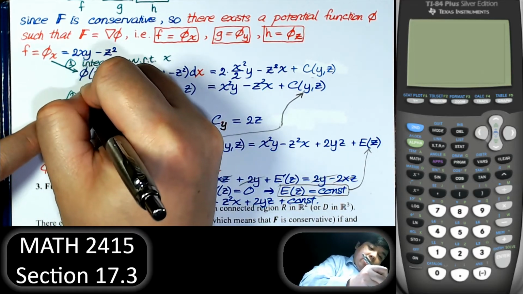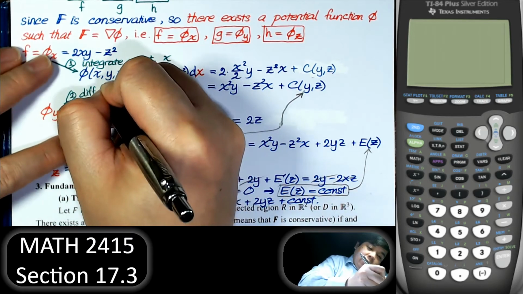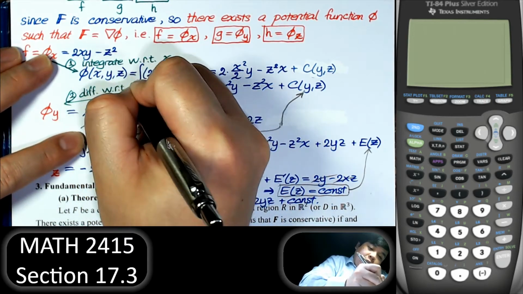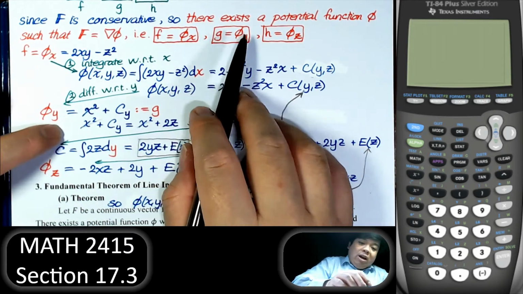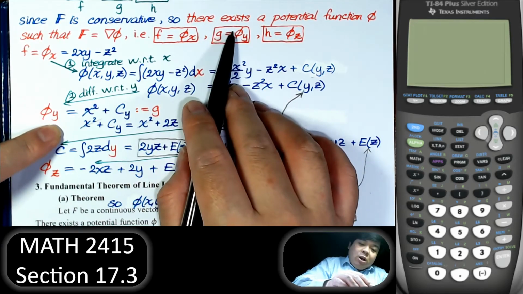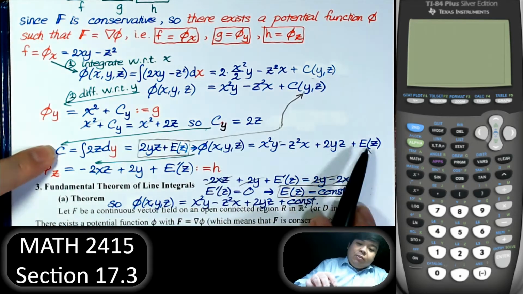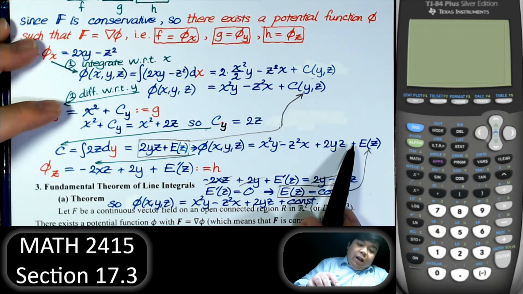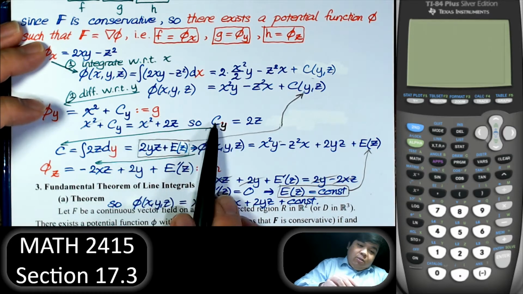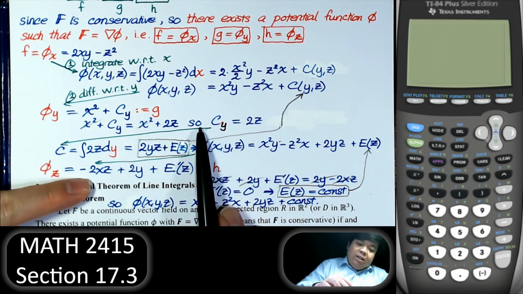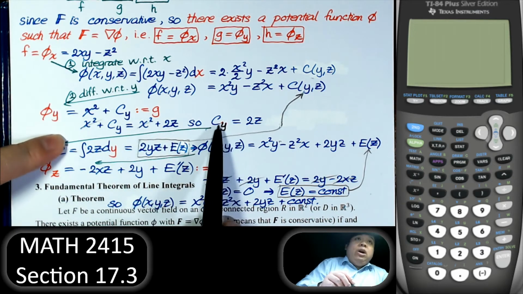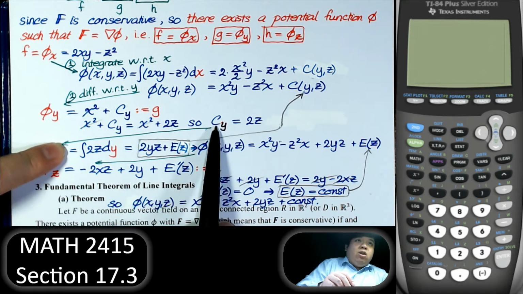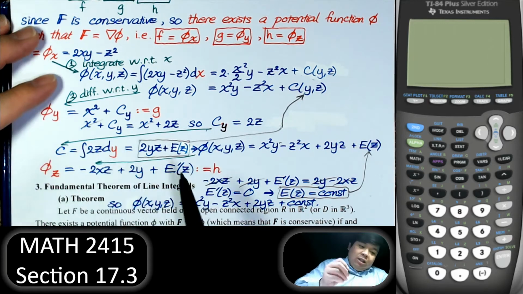Second step, differentiate with respect to y, and we make that equal to g. So that takes care of this equation. Why do we do that? And we have the function g_y of z, and then we integrate that function to get back to c.